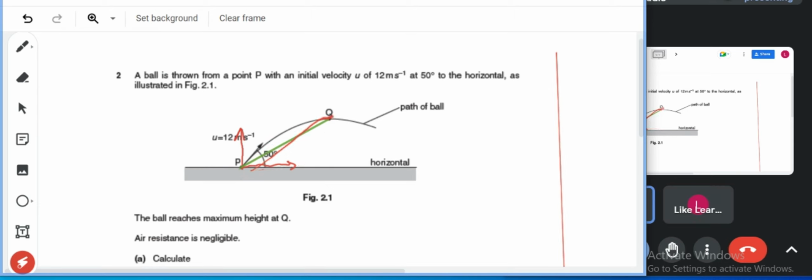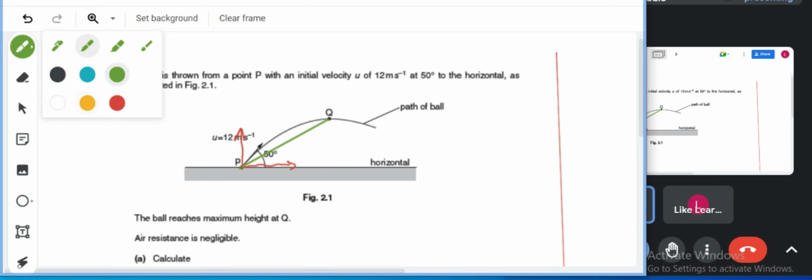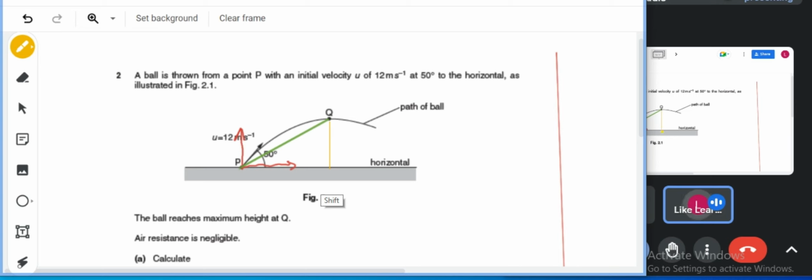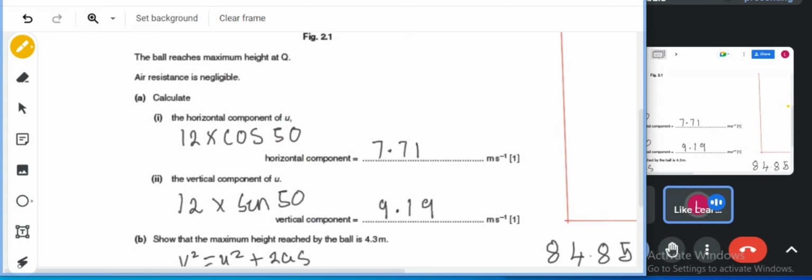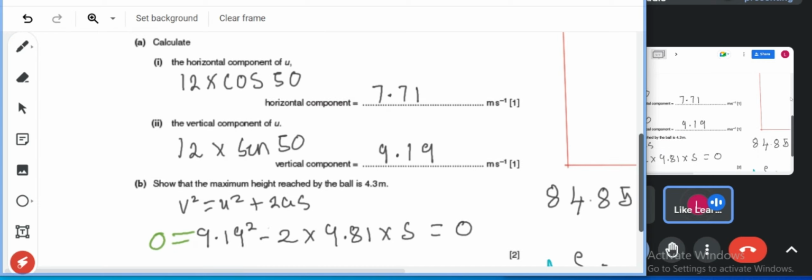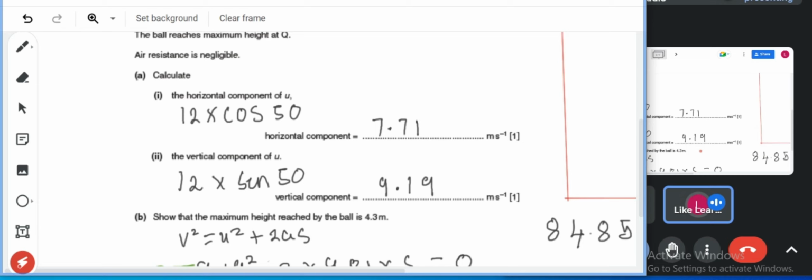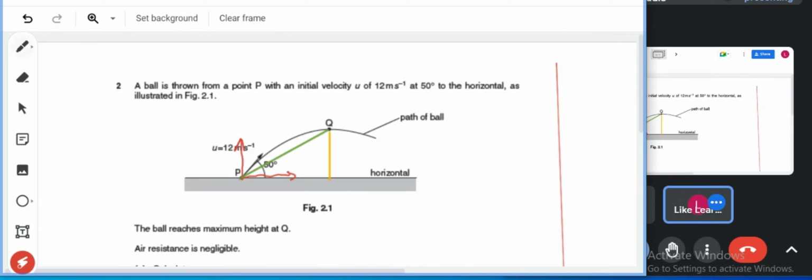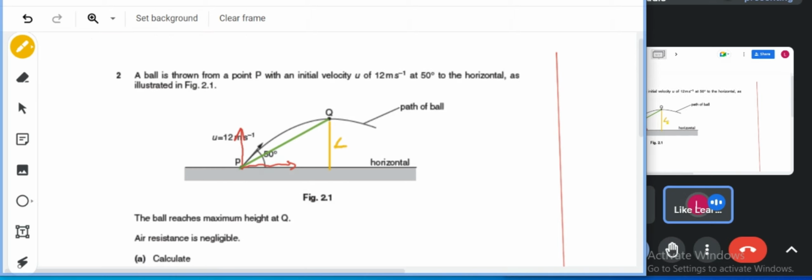You have found the maximum height, and we found it to be 4.3. It is even given. Wow, what a question! This question is extremely simplified. Anyway, it can be helpful even if you didn't know what next to do. So this side is 4.3 meters.